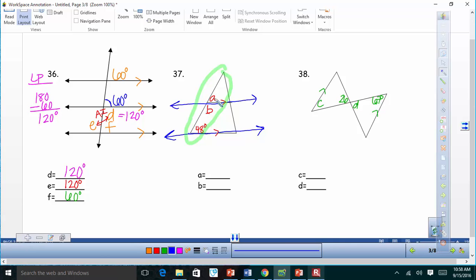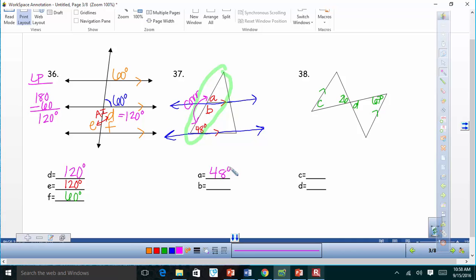So we're looking at the relationships for 48 and A or 48 and B. What is 48 and A's relationship? They're corresponding. So if these are corresponding, what does that mean angle A is? 48. So corresponding means they're congruent. So A is 48.